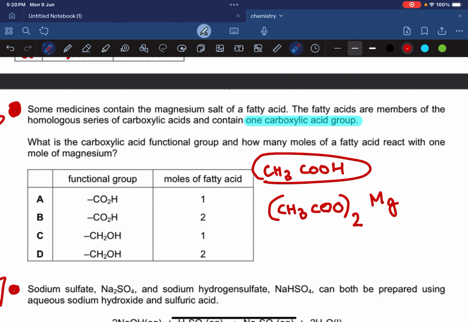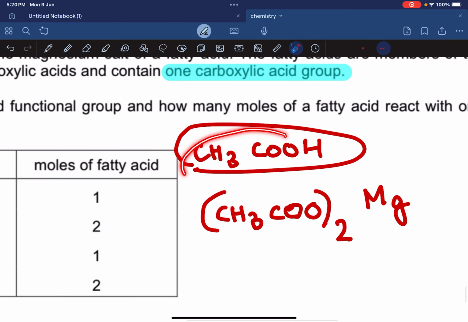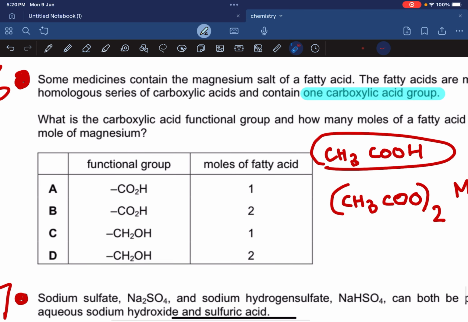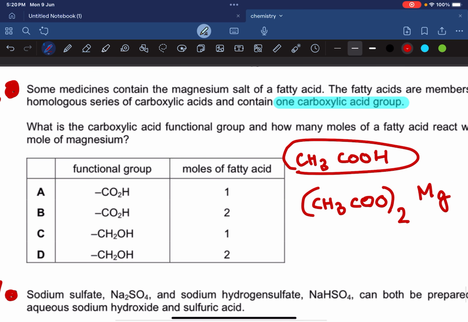Why? Because one ethanoate has a charge of -1 and hydrogen has a charge of +1, and one hydrogen is used to balance one ethanoate. Over here magnesium has a charge of 2 plus. So how many ethanoates are we going to take? We're going to take 2 ethanoates. So how many moles of fatty acids are we going to use? 1 mole of fatty acid, one fatty acid.